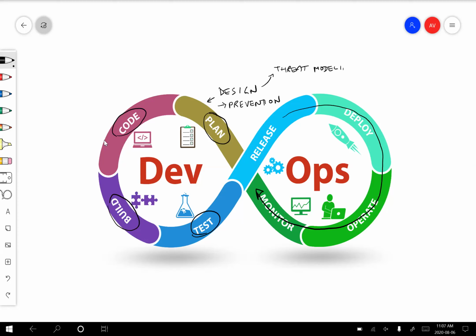That's why we conduct threat modeling: to identify the potential attackers and threats, and also to use the attack intelligence and feed it into the DevSecOps pipeline, right?